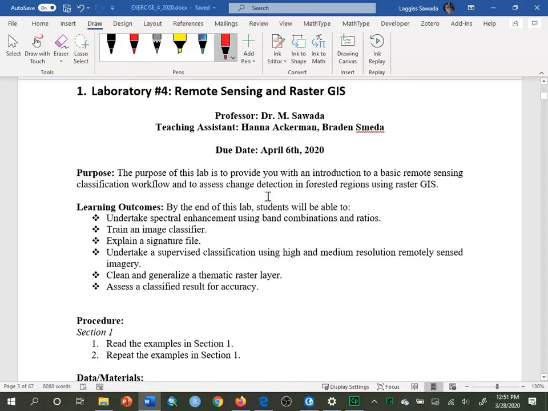And the purpose of the lab is to provide you with an introduction to a basic remote sensing classification workflow and ways to assess what we call change detection in forested regions.